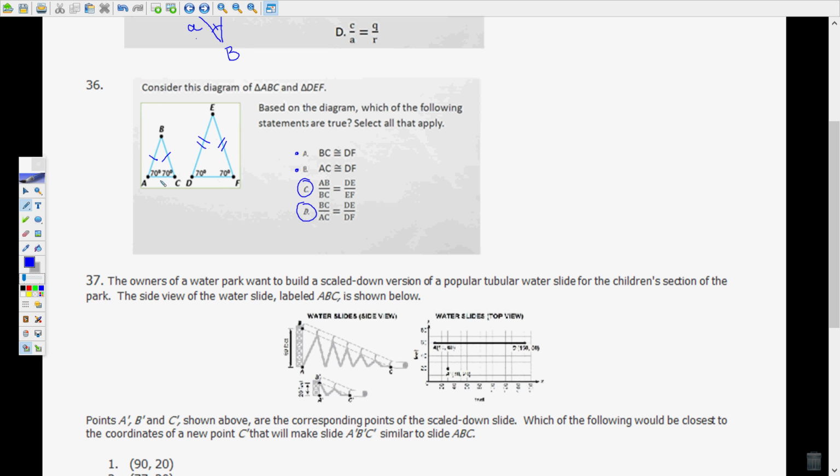The reason why those are right is because we have isosceles triangles. So this could be turned around, and the FE could be on this side, the DE could be on this side, and they would match up still with the corresponding parts, the corresponding sides being in proportion. They're interchangeable since they're isosceles.